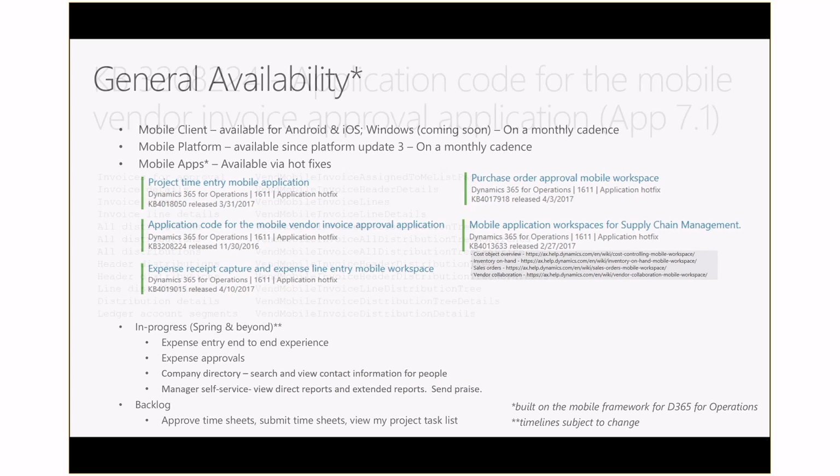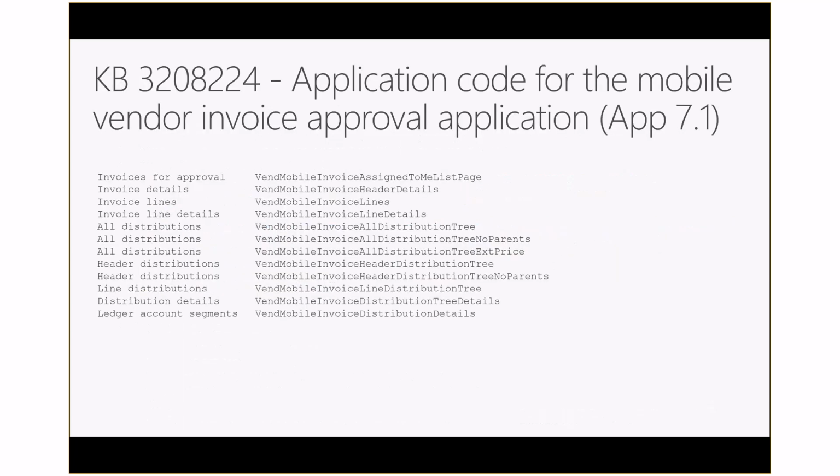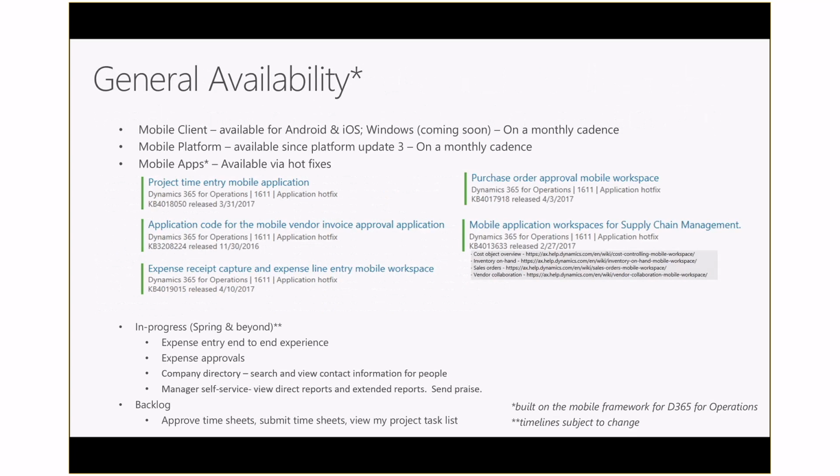Then the expense receipt capture and expense line entry mobile workspace is available as of yesterday. That is available now in LCS. And purchase order approval mobile workspace was also recently released. And then last but not the least, again, the mobile application workspaces for supply chain management. So there are 4 workspaces in the SCM side.